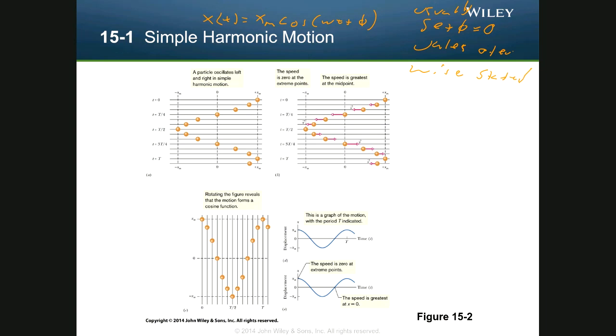Okay, so if we do that, then this function above becomes x of t equals xm cosine omega t, right? And so at t equals 0, x equals xm, which is just your maximum displacement.